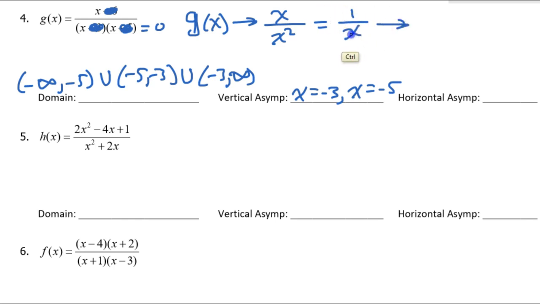Now, as x gets bigger and bigger, this is going to approach 0. Think about it, as x is getting bigger and bigger, you have 1 over 10, 1 over 100, 1 over 1,000, 1 over 1,000,000. The fraction's getting smaller and smaller as the denominator gets bigger and bigger. It's getting closer and closer to 0. So that's why the horizontal asymptote is y equals 0.